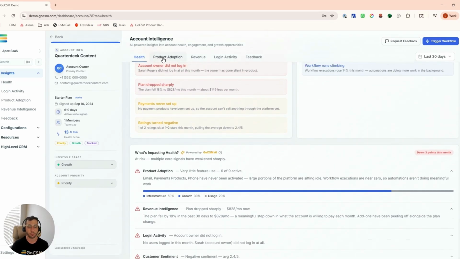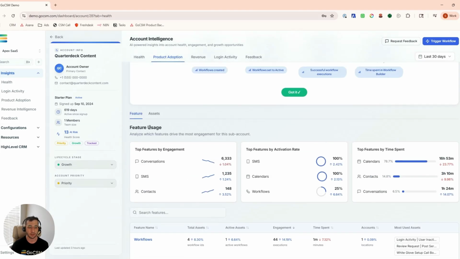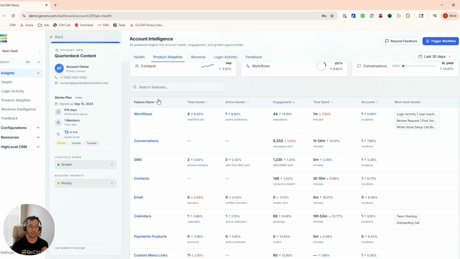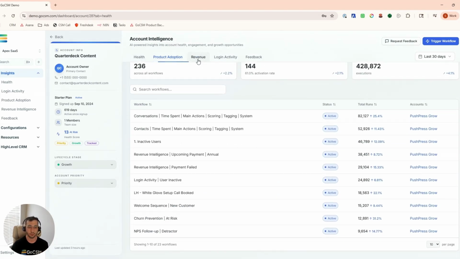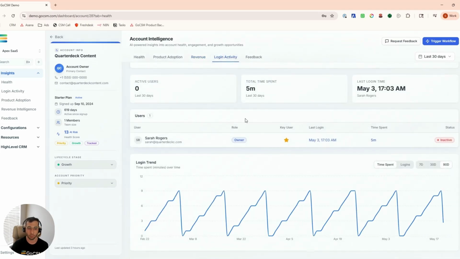From this point, you can dive even deeper by going to product adoption, looking at the different features, looking at red flags here, which coincidentally are in red, and even diving deeper into assets, revenue, and login activity to see exactly who's logging in, when they're logging in, and what they're doing inside of the account.